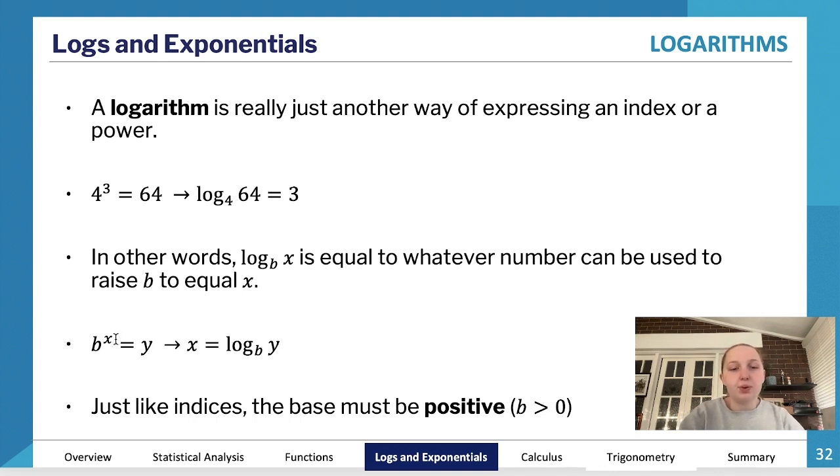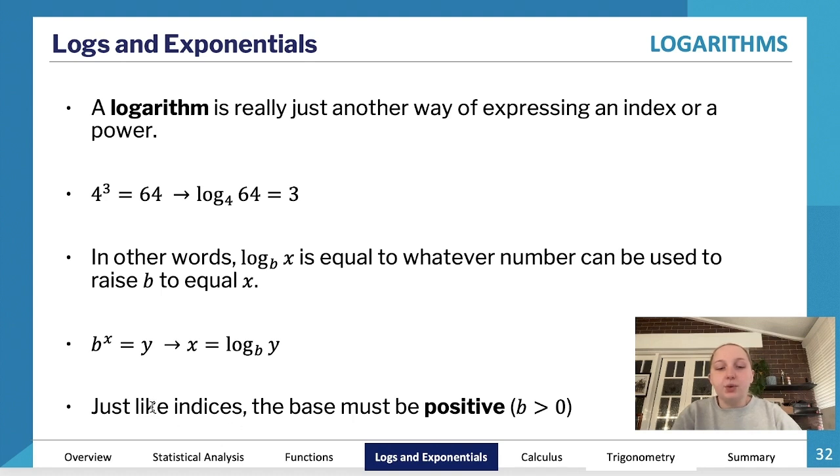Okay, so if you guys want to jot anything down from logs and exponentials, this is it. This is the formula. If you guys can remember that x is always going to be your subject when you're changing from an exponential to a log, you'll be set to go.